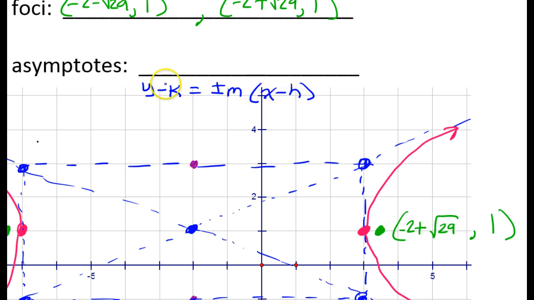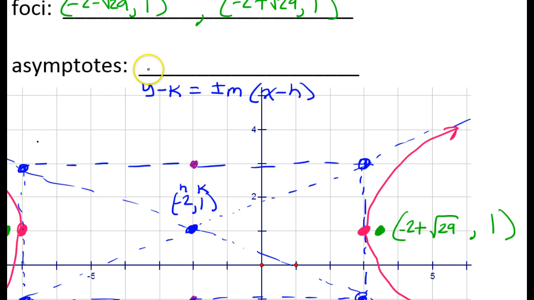This is a model for the asymptotes of any hyperbola. Just understand that h and k is still the center, like it always is in these formulas. M represents the slope of the asymptote. Remembering that the center here is -2, comma 1, this is my h and my k.